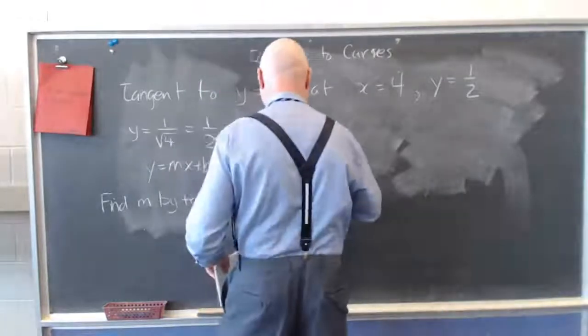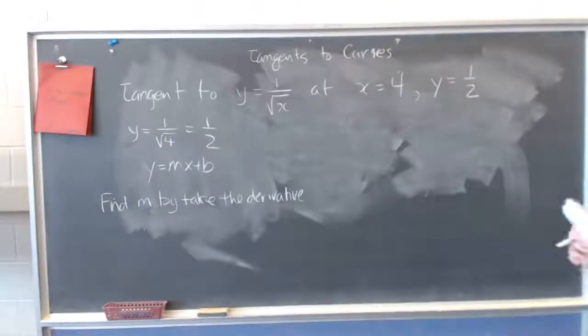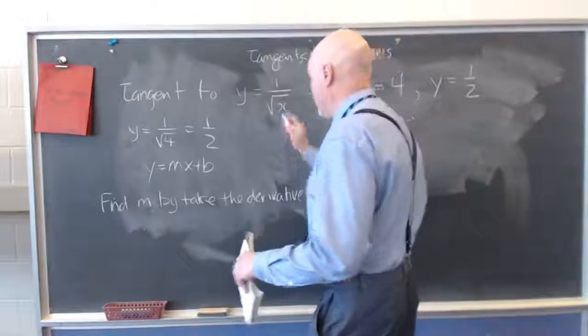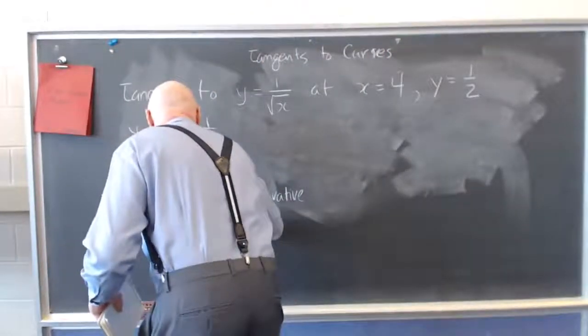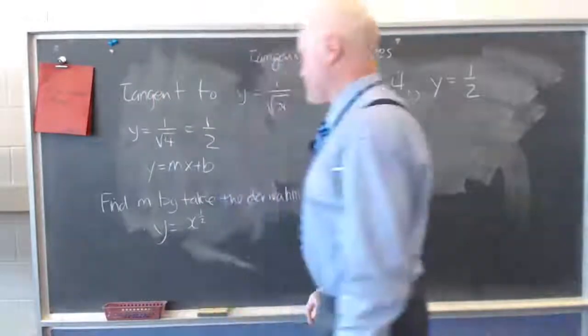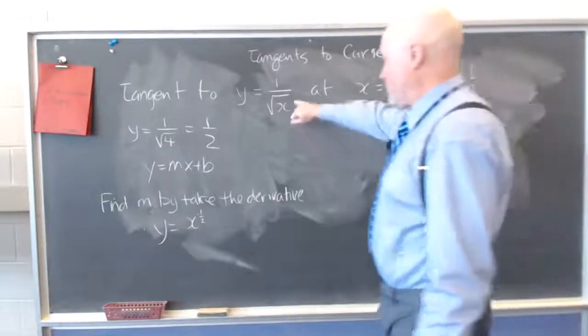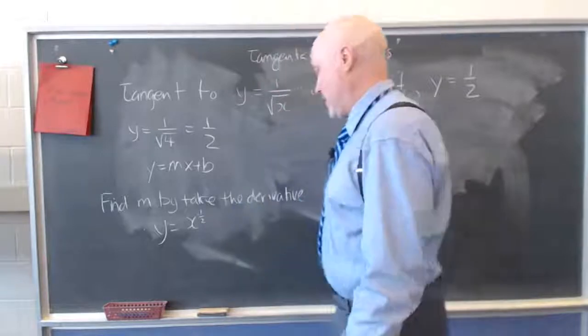Okay. Sorry, everybody. That's even messier than normal. We're going to find m by taking the derivative. So we're going to have to write way down here. I'm going to rewrite this using power notation. So this is 1 over x to the exponent 1/2, so this is x to the exponent negative 1/2.